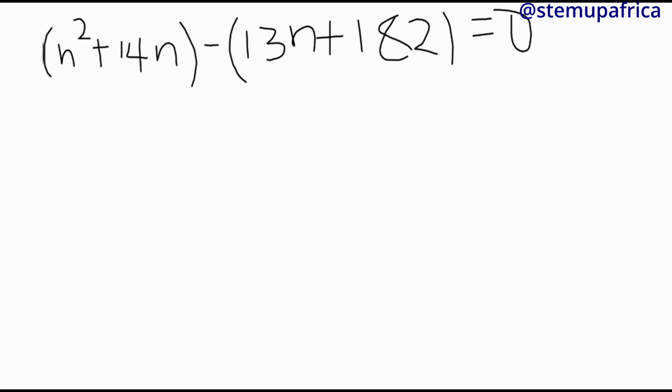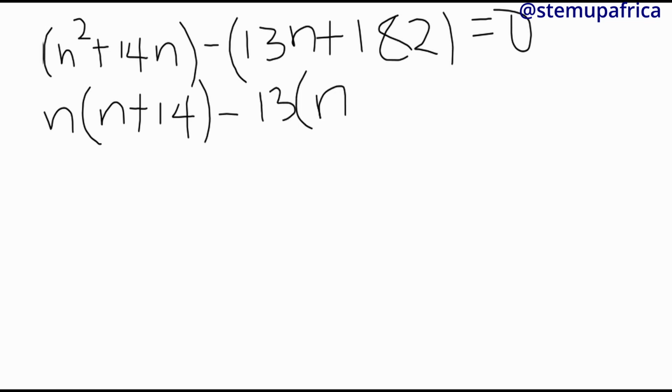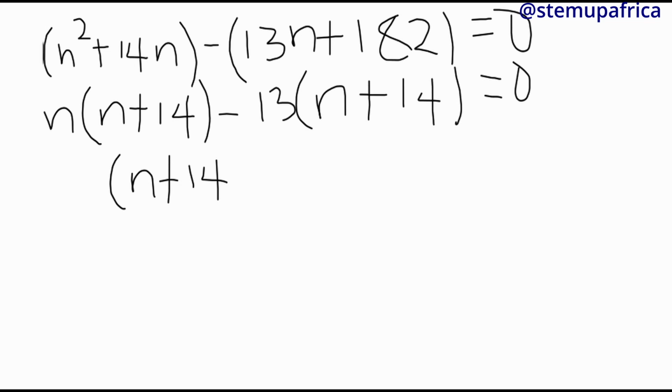What is common from the first bracket? n is common. Here becomes n plus 14. What is common from the second bracket is 13. Here also n plus 14 is equal to 0. So I will take the two brackets as one, which is n plus 14, and take those outside the bracket, n minus 13, is equal to 0.